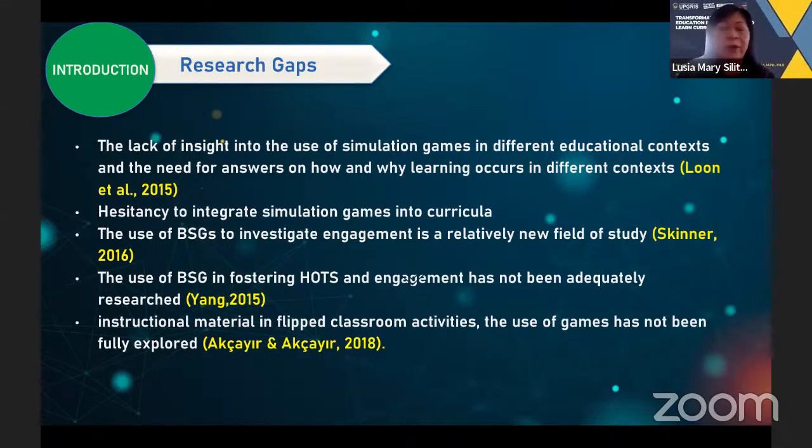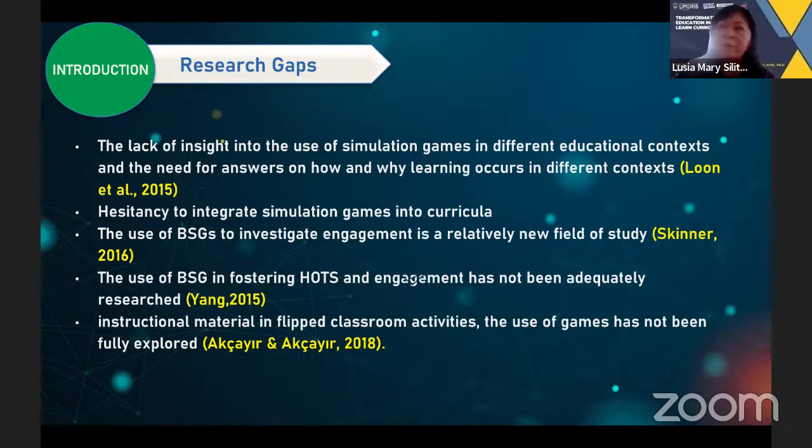That's why the game that is used for education, we call it an educational game or serious game. And the game that I use in the study, because the study is about business, this is my first research, is using kewirausahaan or entrepreneurship in the classroom. Imagine how to teach entrepreneurship in the classroom.